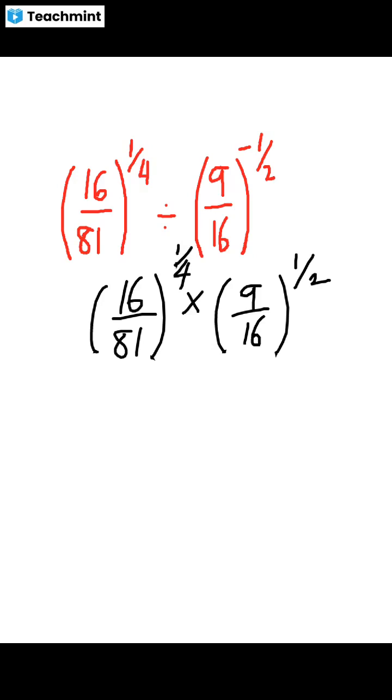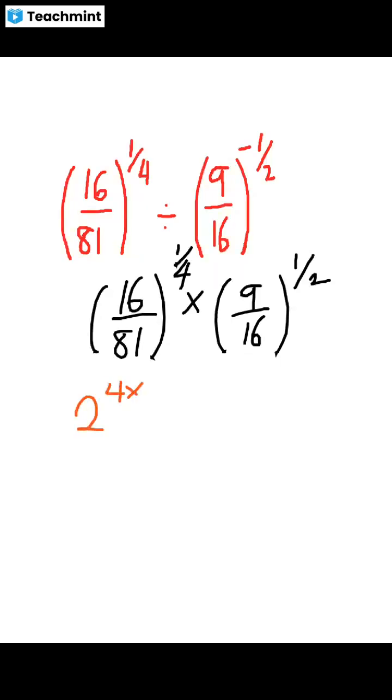Now, I can break them one by one. So 16 can carry the power of 1 over 4. 81 can carry the power of 1 over 4. So let's break it. Now, I can break 16 into 2 raised to the power 4.